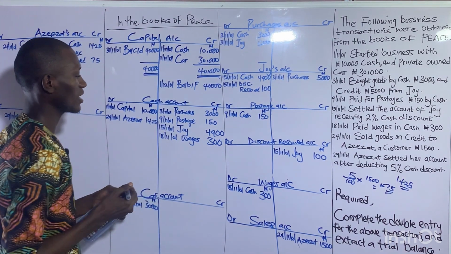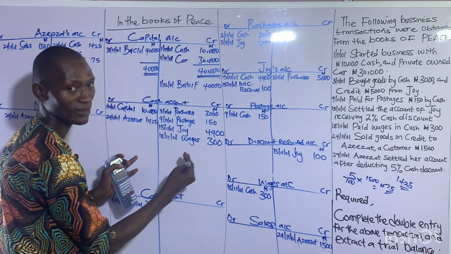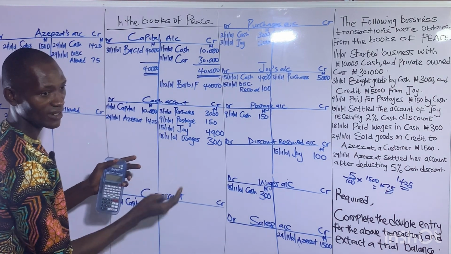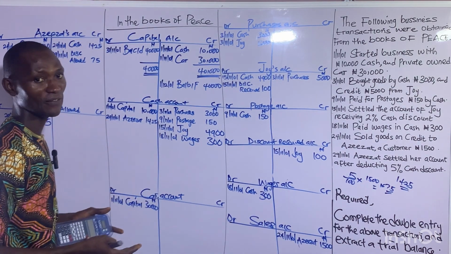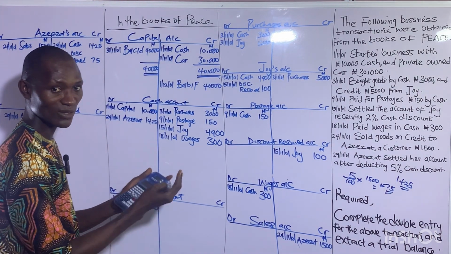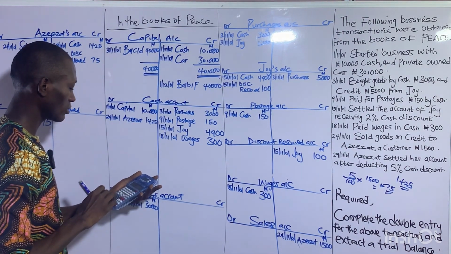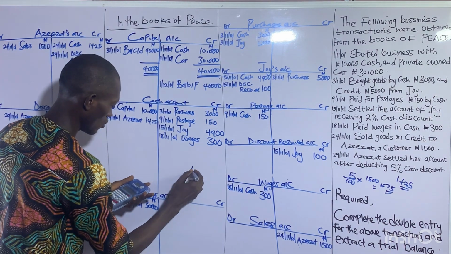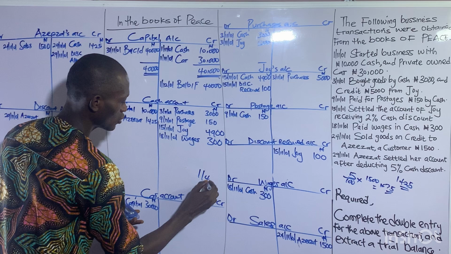Let's balance the cash account now. We compare the debit and the credit totals. Then we look for the one that is greater. The one that is less, we subtract it from the one that is higher. Then we put the difference on the side that is lower. So on this side, I think we have 10,000 plus 1,425, that's 11,425.